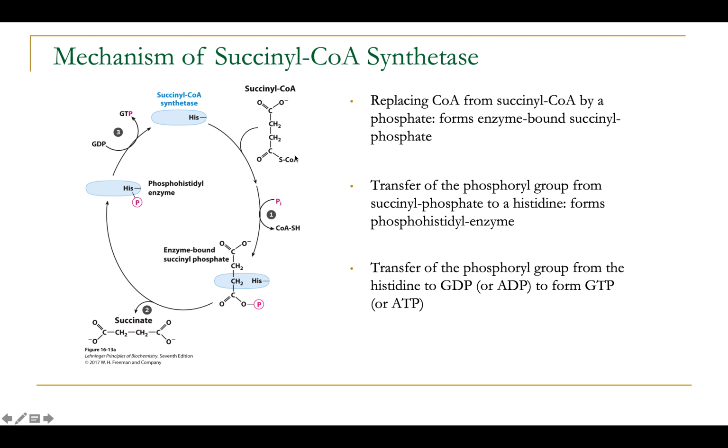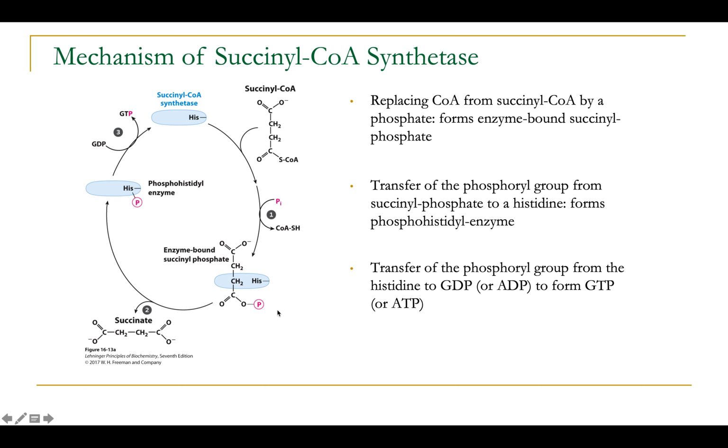In the first phase, the succinyl-CoA undergoes transesterification, forming the carboxylic phosphate anhydride in exchange for the thioester bond.